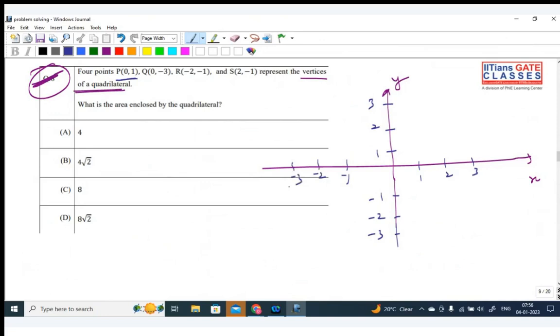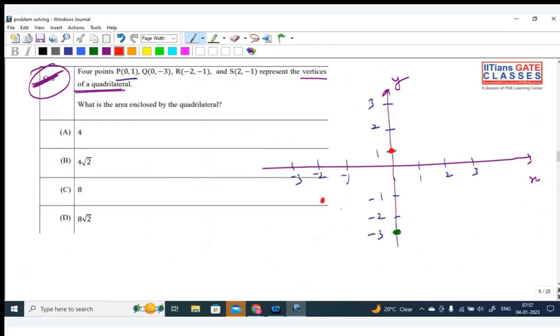So (0, 1), where is it? X is 0, so this is the point, right? And (0, -3), where x is 0 and y is -3, so this is the point. Then (-2, -1), where x is -2, so this point.